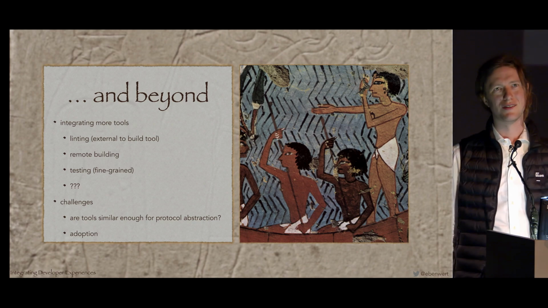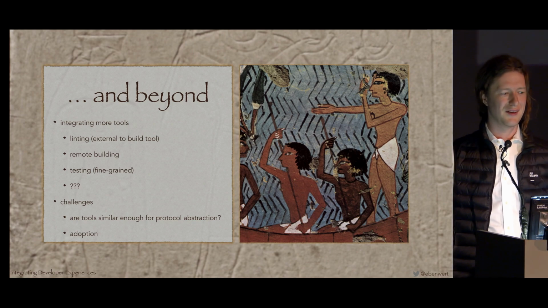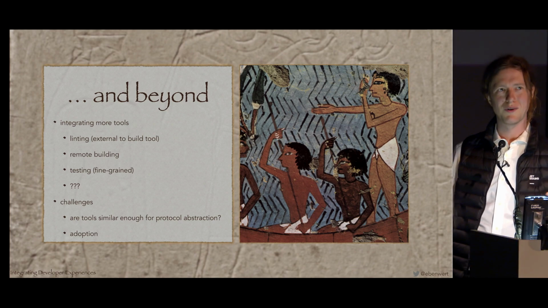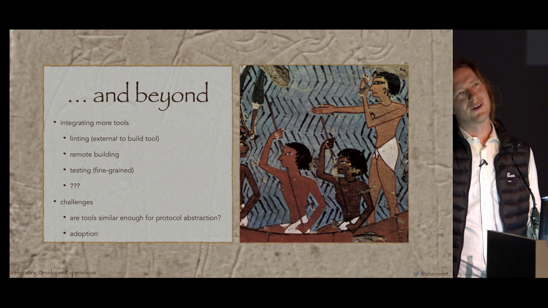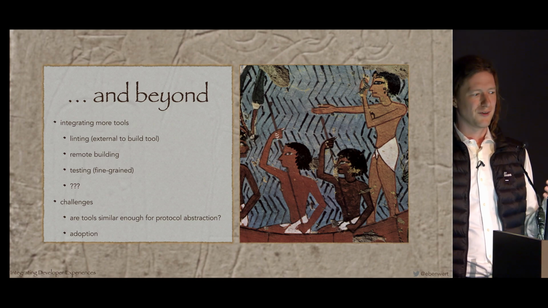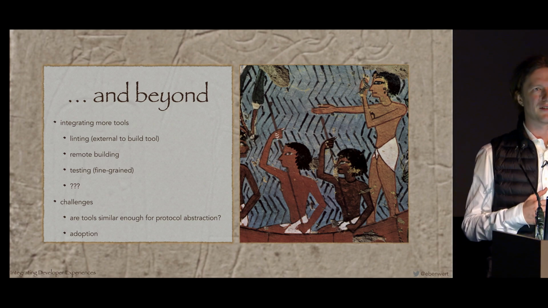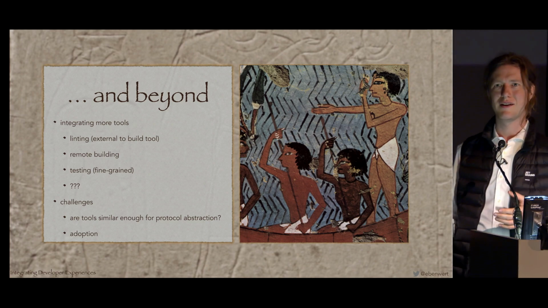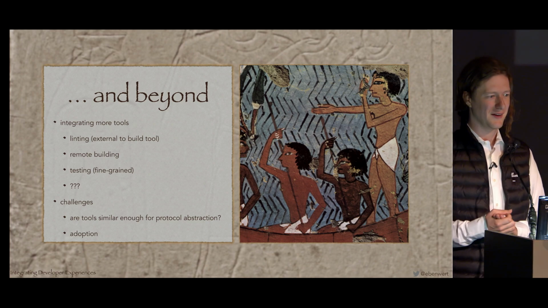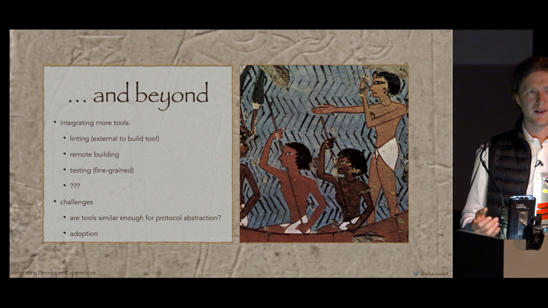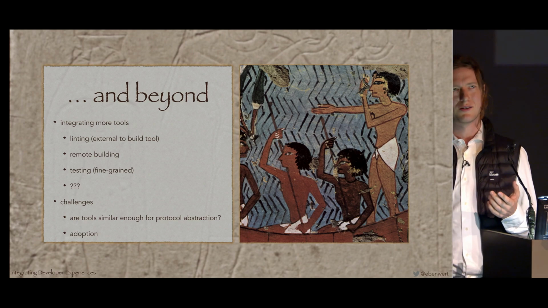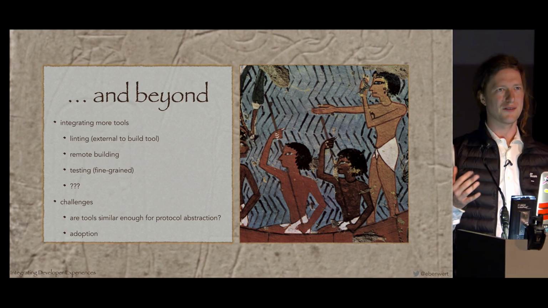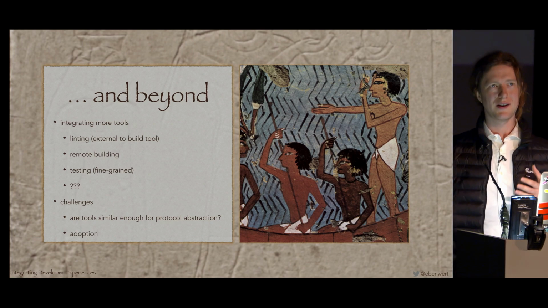Now going beyond the build server protocol, if this works out well, it might be a model for further tool integrations in a more standard way rather than ad hoc tool-specific. So several people have asked me about doing static analysis on source code and integrating that with the IDE.